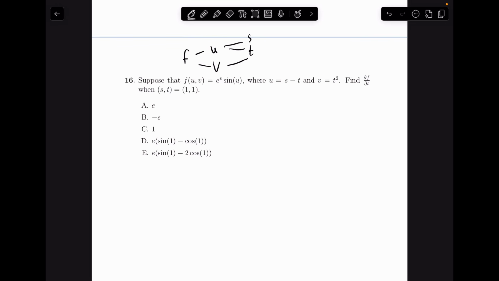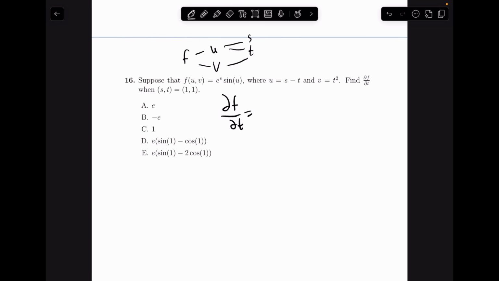Okay, so we're looking for df dt. So if we draw out our df dt, we need to account for both u and v because both u and v depend on t. Say u only had s, just for example, we would not need to account for u because u doesn't have any change in t, if that makes sense.